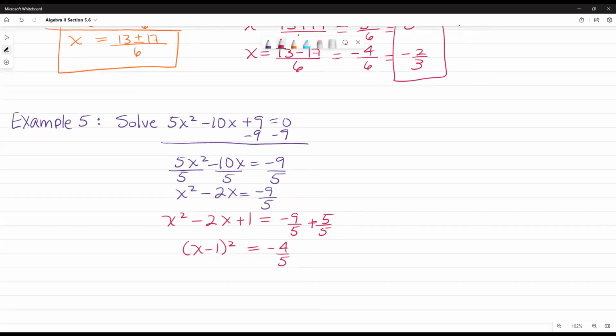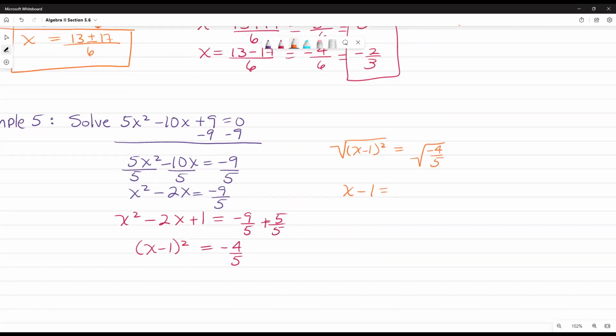All right, so now step 2. Square root of x minus 1 squared. So that cancels that out. And the square root of negative 4/5. So I know this guy is going to give me x minus 1. I'm going to go ahead and pull out my i.